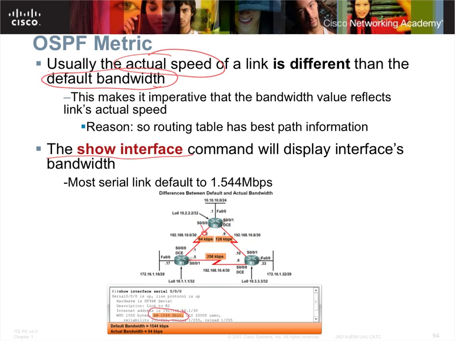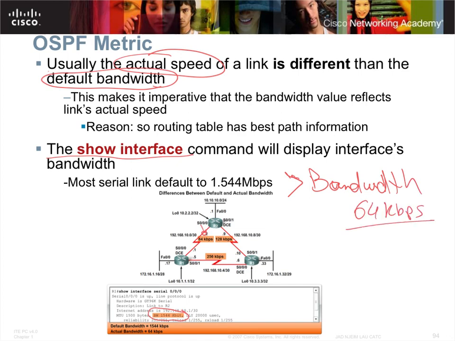If the network designer knows that the actual bandwidth is less for some limitations on this link, then it has to go directly to this link and say bandwidth, and then 64 kilobits per second.